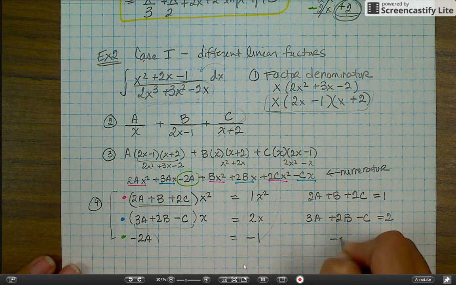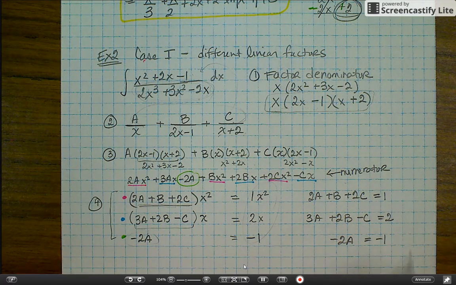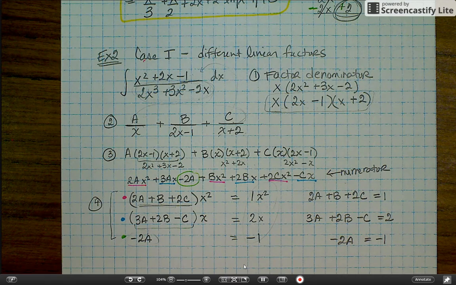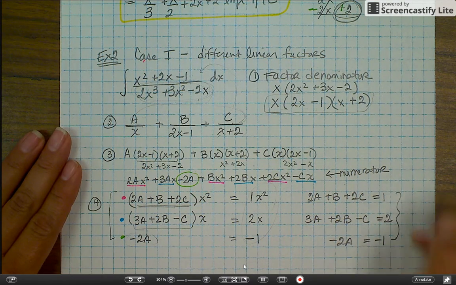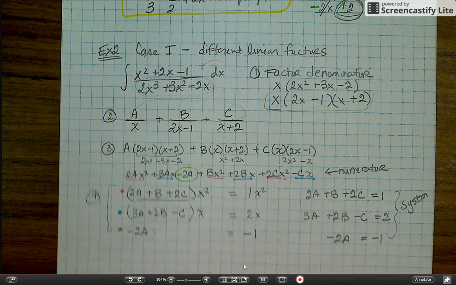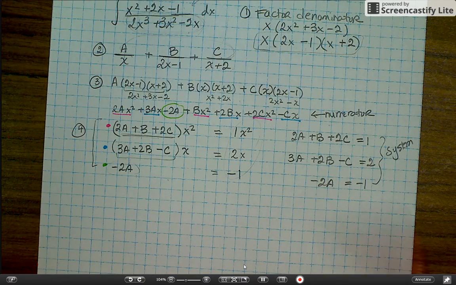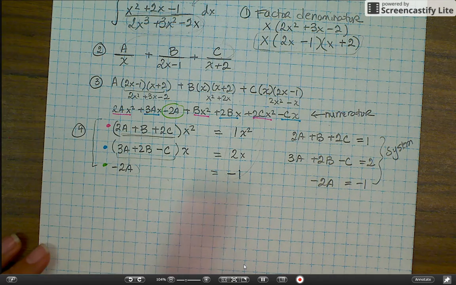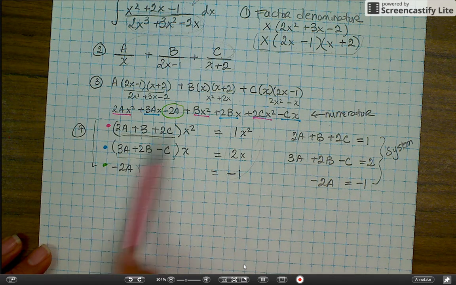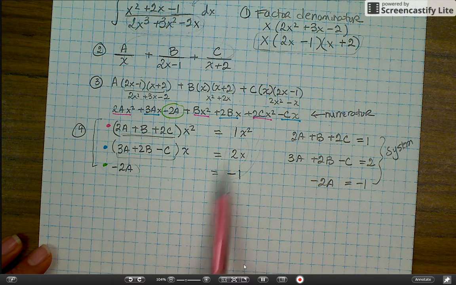And I have negative 2A is equal to -1, which luckily is going to help us a lot. This is our system. After you are really good at this, you can easily just expand this and ignore this part right here and go straight to making your system.